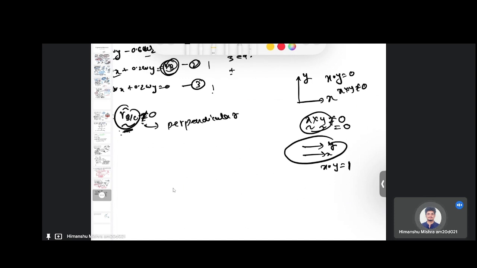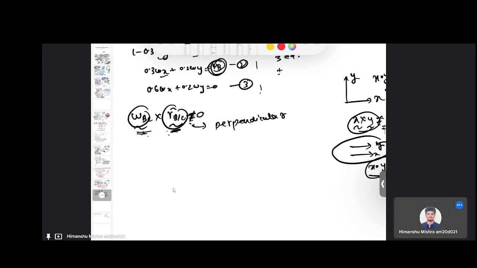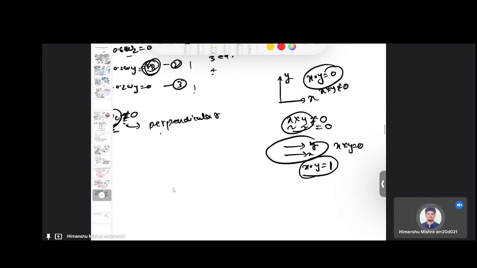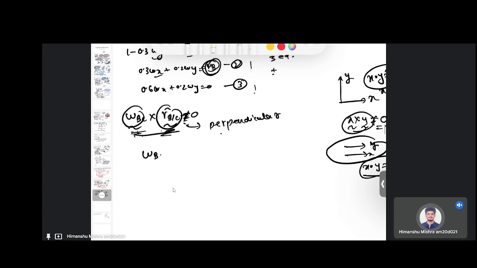And if they are parallel, then x cross y equals 0 and x dot y is non-zero if they are parallel. So if these are perpendicular, then their dot product should be 0, right? Omega BC dot R_B with respect to C equals 0.